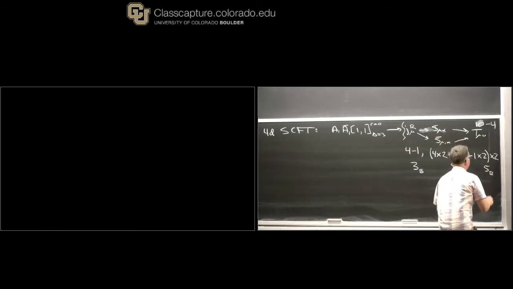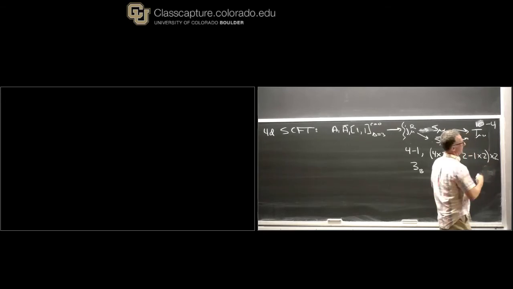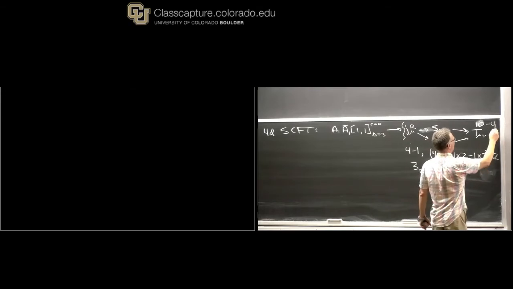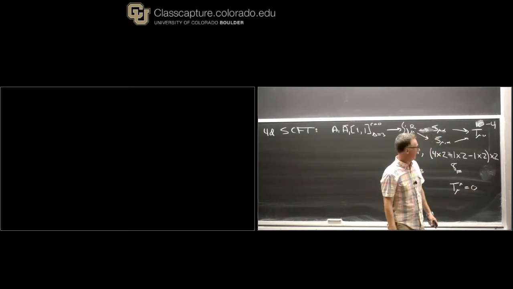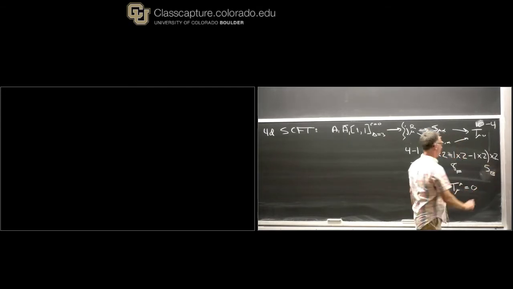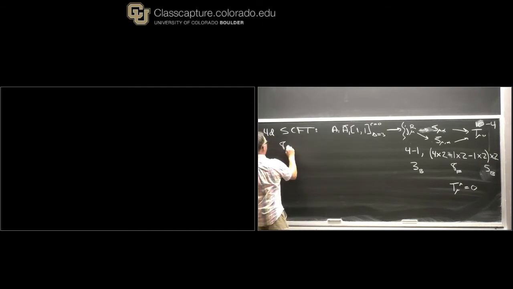Thank you. So 10 minus 4 is 6, and then we also have that the trace of the stress tensor is 0. And so in the end we get 5 bosonic components. Okay, so we can say that this is an 8 boson and 8 fermion multiplet.